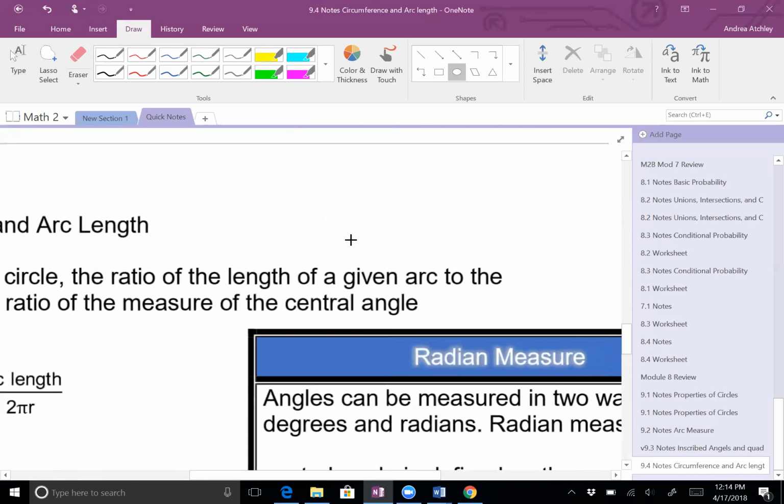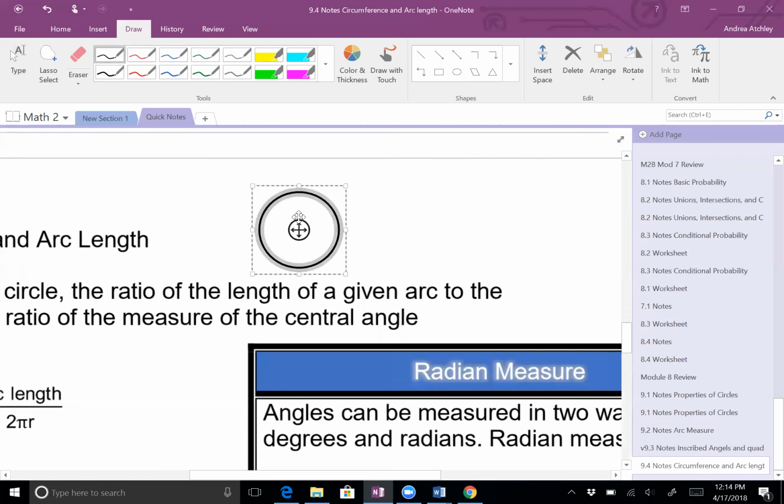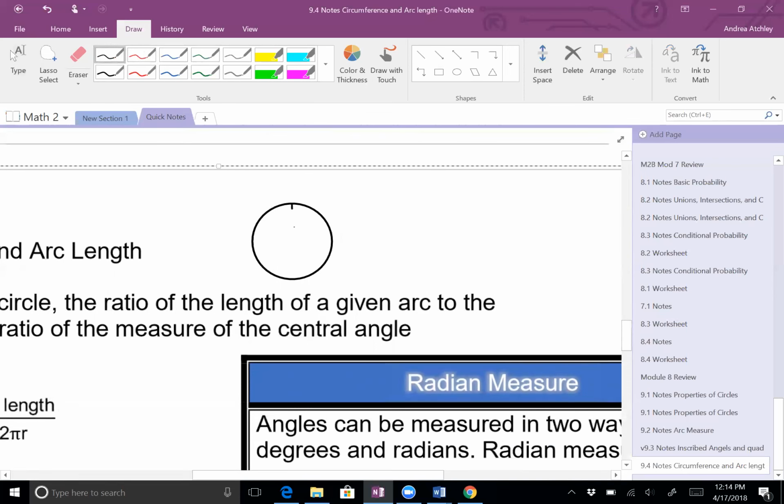If I draw a circle, and I draw in a diameter, and I cut my circle into 4 congruent parts. And I wanted to find, let's say, the arc length of just that distance. I just wanted to maybe, again, put a fence over that portion of it.